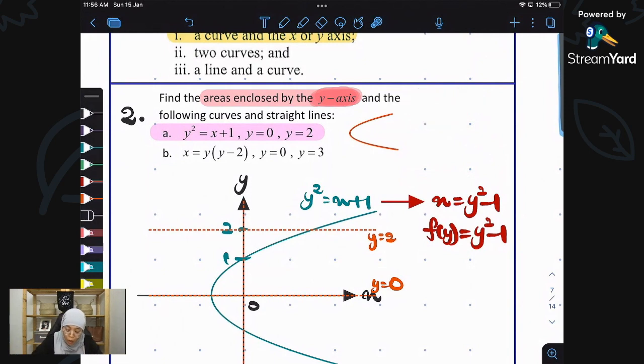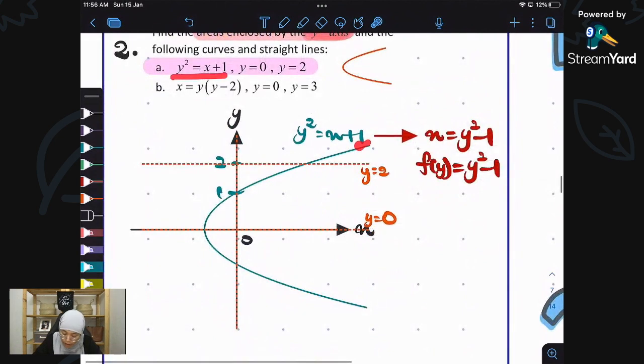Okay, so now y squared is equals to x tambah 1. So this is the shape of the curve. Kenapa dia di sini? Kenapa bukan di tengah-tengah kosong origin? It is just because the vertex here is negative 1. Okay, so you jangan panik.